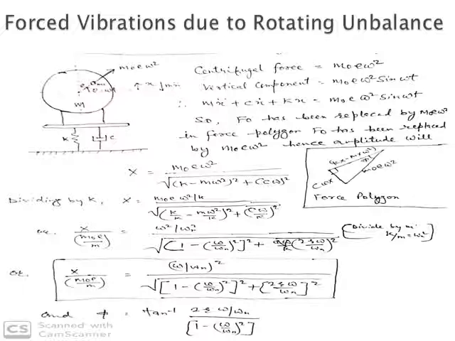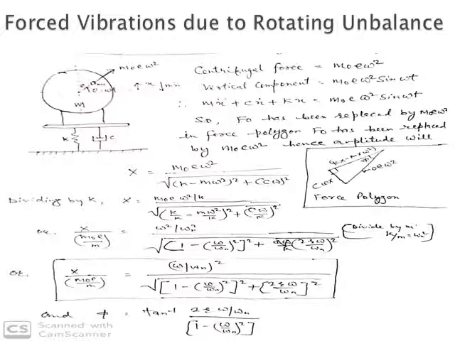As in the excitation by an externally applied force F0 sin omega t, here also we are using the force polygon method. In the force polygon, F0 is replaced by m0 e omega square; k x minus m omega square x is the same, and c omega x is also the same.